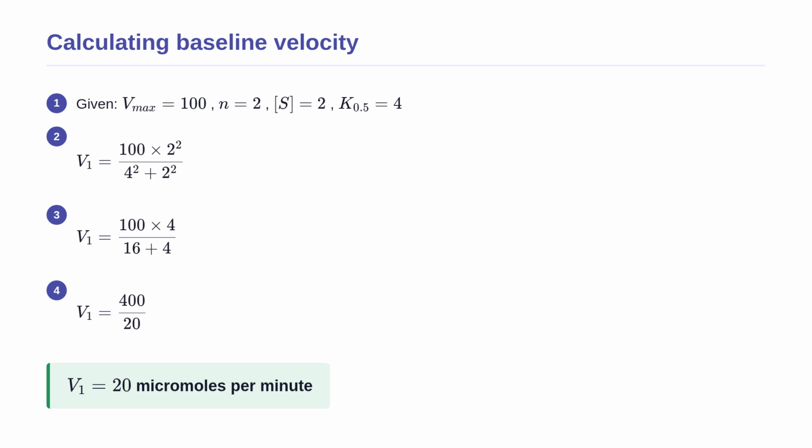We substitute these values into the Hill equation. The numerator becomes 100 times 4, which is 400. The denominator becomes 16 plus 4, which is 20. Dividing 400 by 20 gives us a baseline velocity of 20 micromoles per minute.